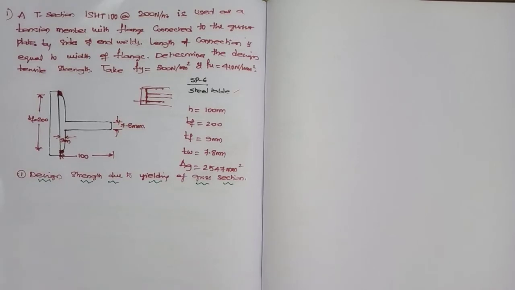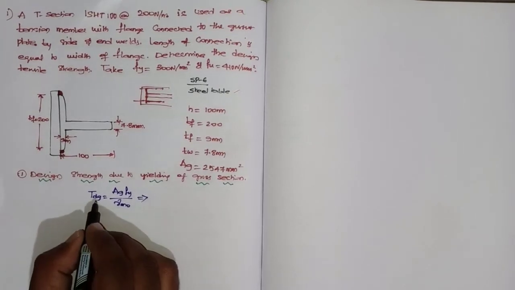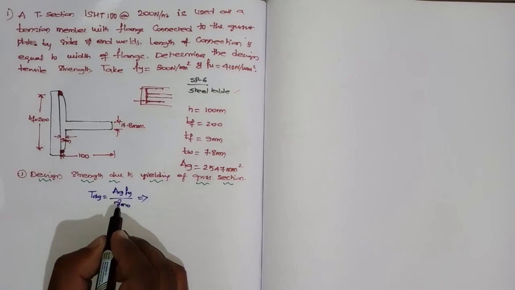Now what is the formula, anyone? One second, I am missing my pen. Now Tdg equals Ag Fy by gamma m0.